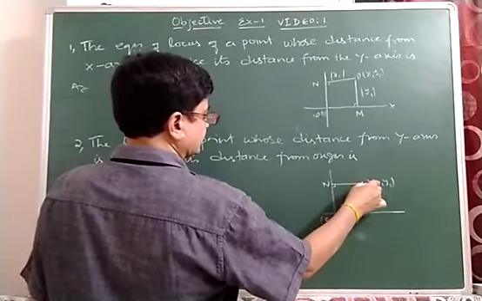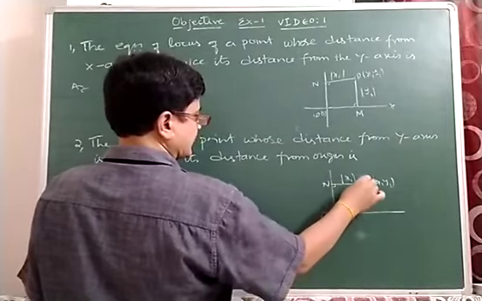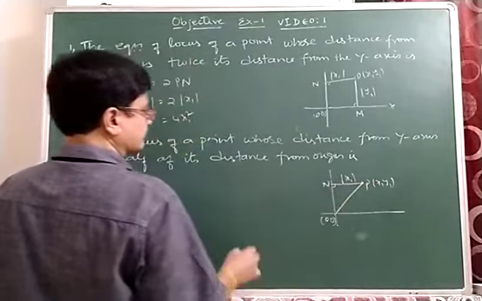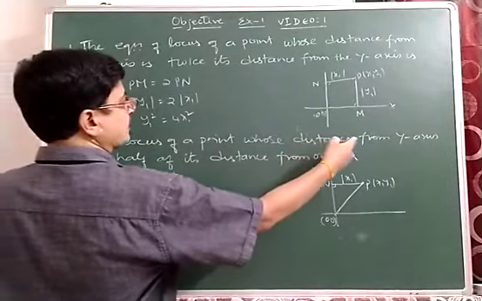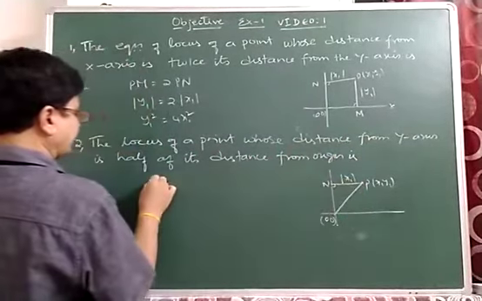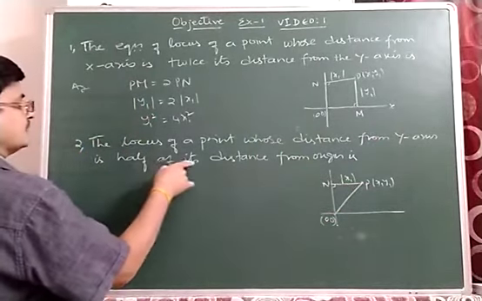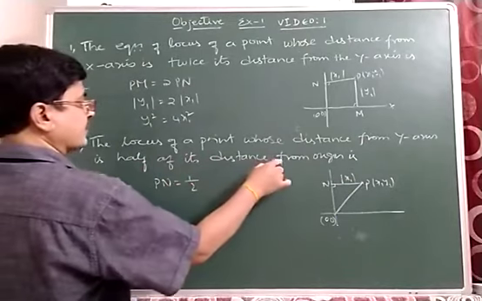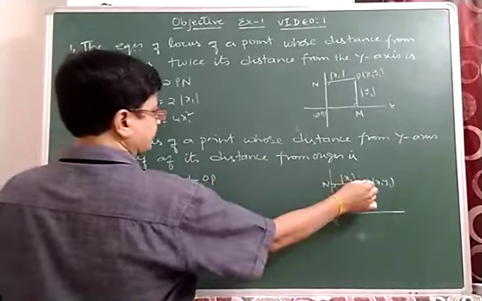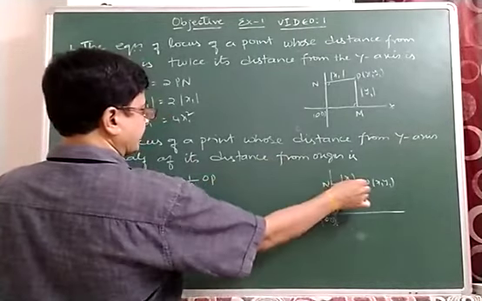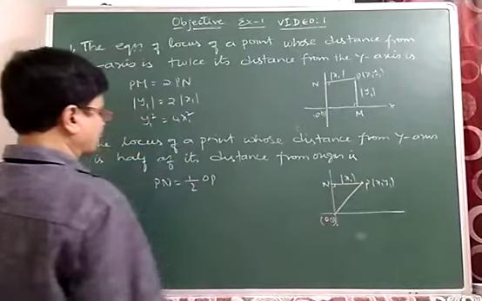We know that the distance from P to the y-axis is mod x1 and this is origin. Here the given condition is the distance from y-axis, that means PN, is equal to half of its distance from origin, that means OP.